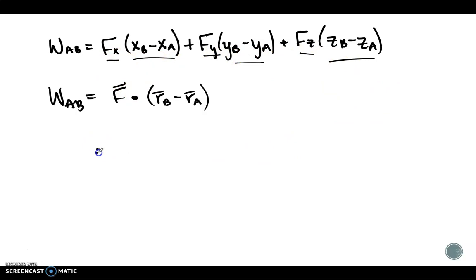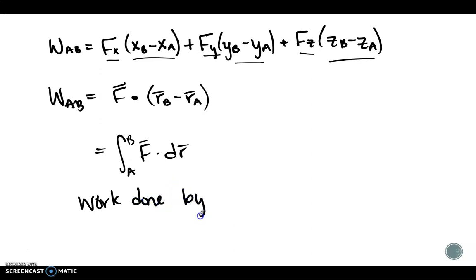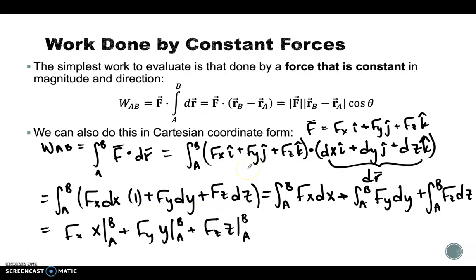Okay, so again, remember we started with the fact that we had an integral from a to b of f dot dr. And we ended up with this form. And again, this is work done by a constant force, right?